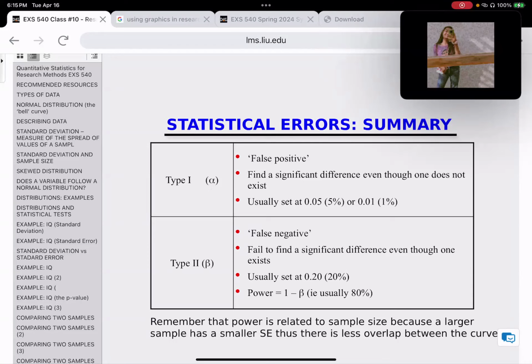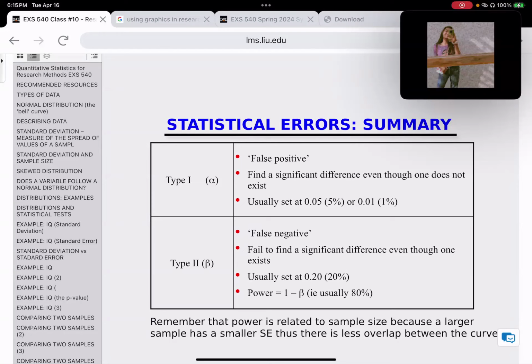The first error is known as a type 1 error or a false positive. What does that really mean? Well, it means that your data shows there's a significant difference between two values or two groups, but there is really none that exists. So you find something even though it doesn't exist. How is that even possible?